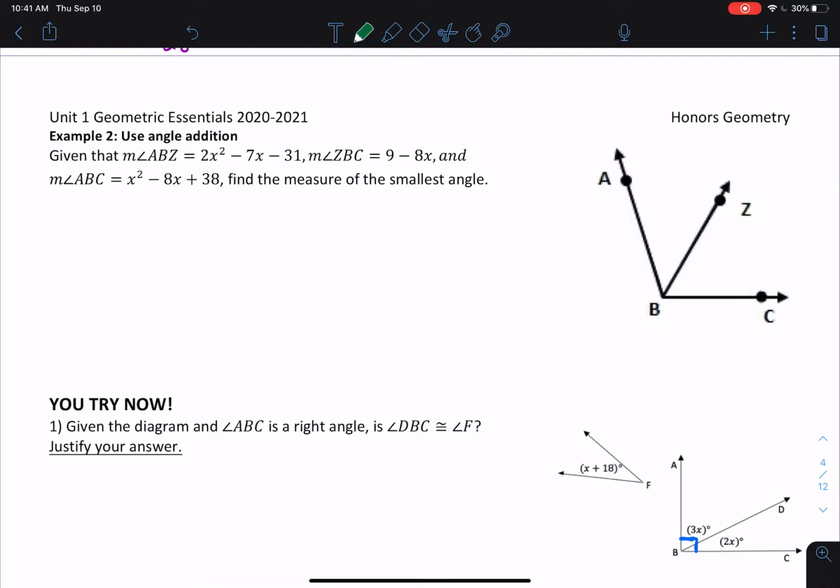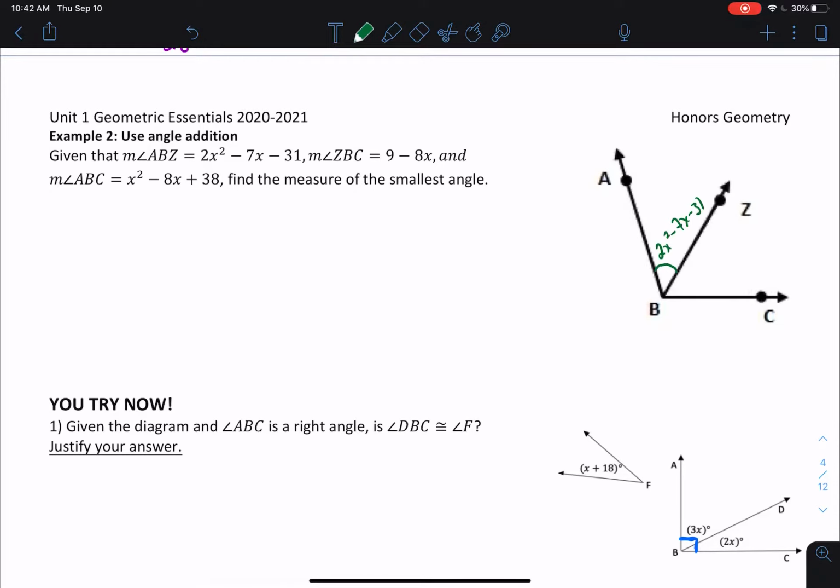Okay, so given measure of angle ABZ is 2x squared minus 7x minus 31. I always like to label my diagrams so I know what angles I'm talking about. So this part right here is 2x squared minus 7x minus 31.